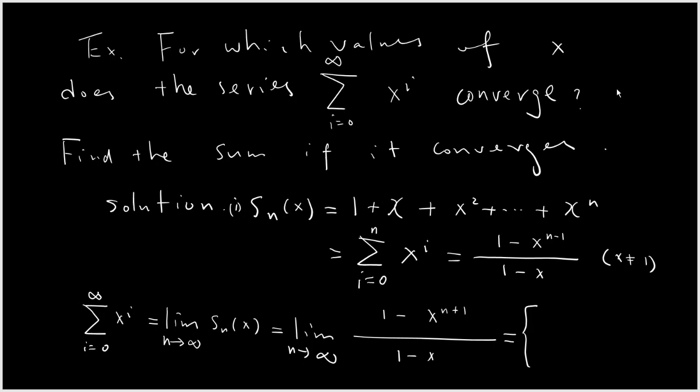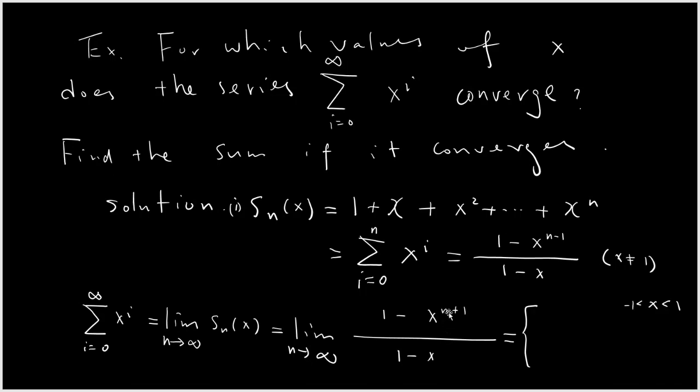Okay, so there are some cases. Basically, when x is in between -1 and 1, like when x is 1/2, when x is -1/2, 0.3, 0.5, 5/3. So basically, when x is a number in between -1 and 1, the limit of this term is going to be 0.